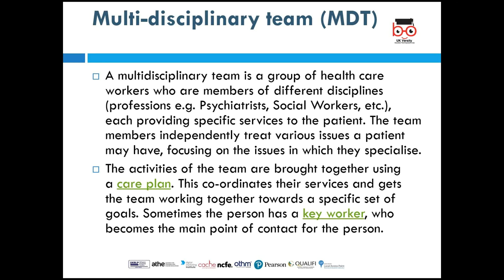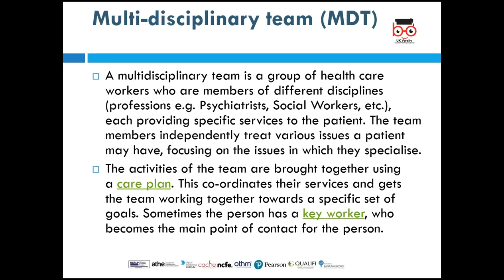A multidisciplinary team, again, is a group of healthcare workers who are members of different disciplines. For instance, we will have a psychiatrist, social workers, and etc., each providing specific service to the patient. And the team members independently treat various issues the patient may have, focusing on issues in which they specialize.